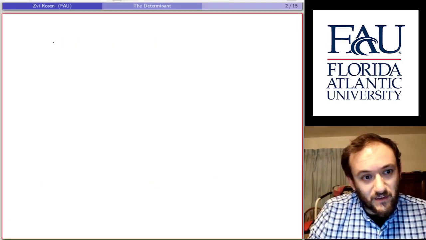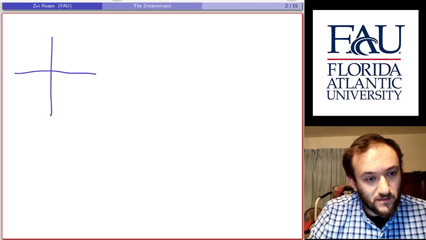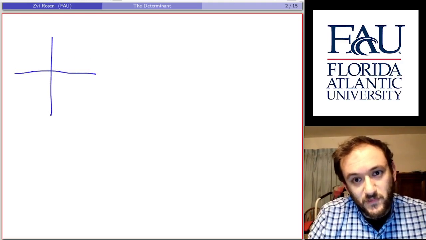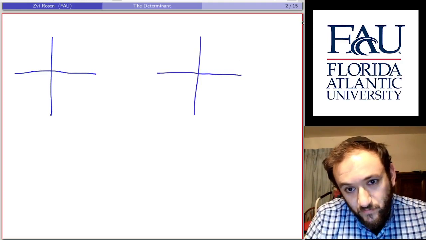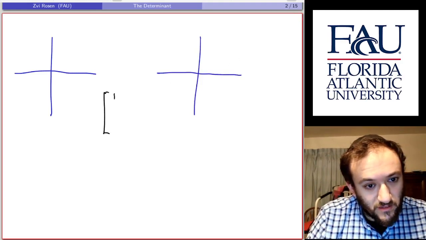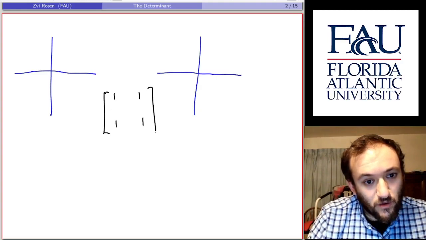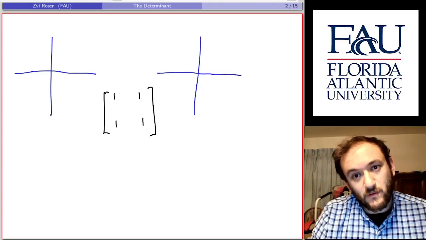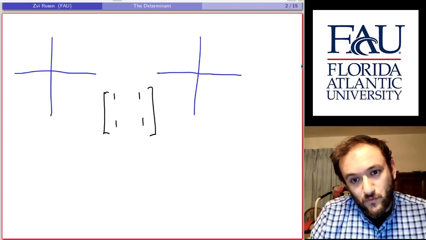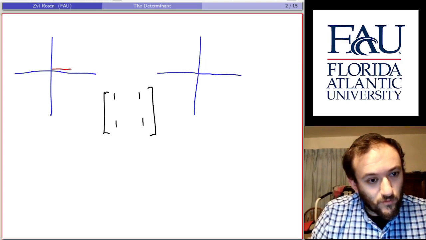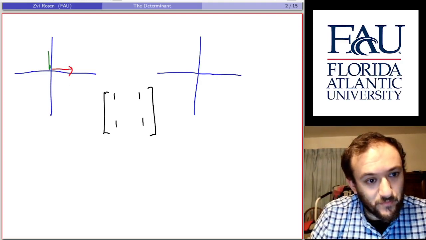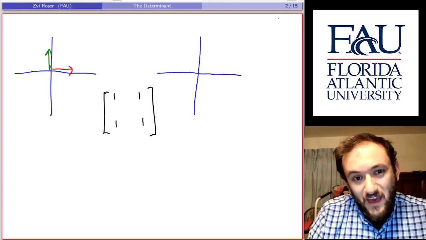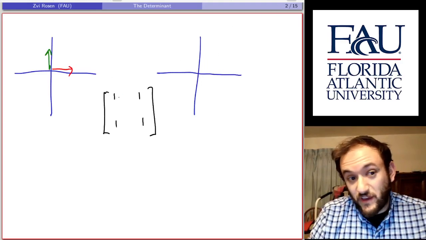So let's consider again this example of the plane. And I'll give an example of a matrix with 0 determinant. That's going to be this matrix, 1, 1, 1, 1. So when I'm looking at where these two unit vectors map, they're going to map both of them to the vector 1, 1.